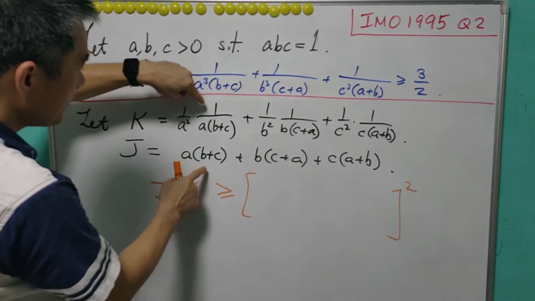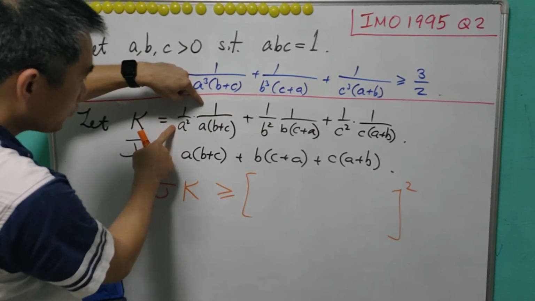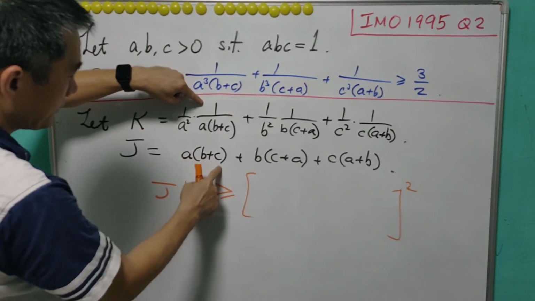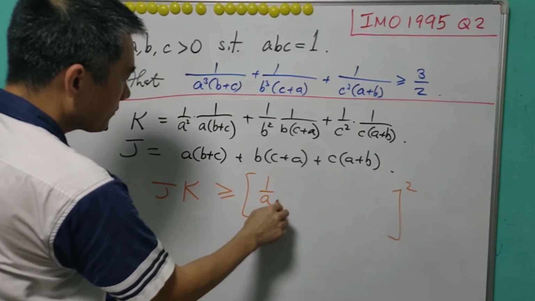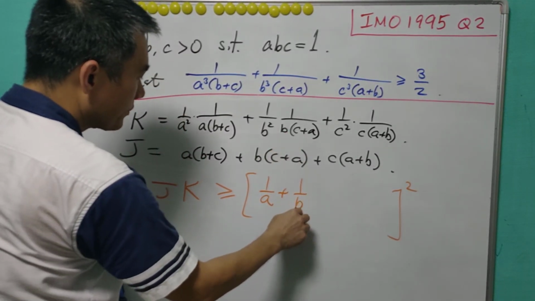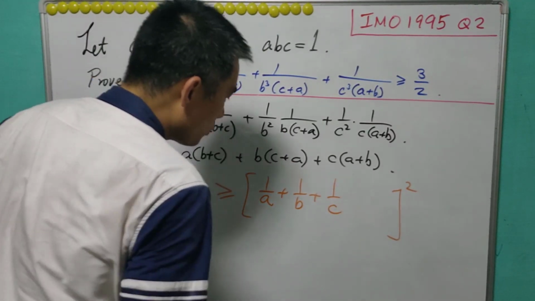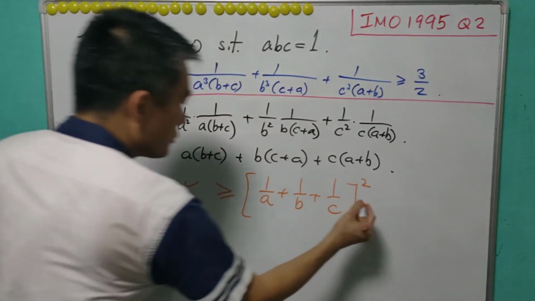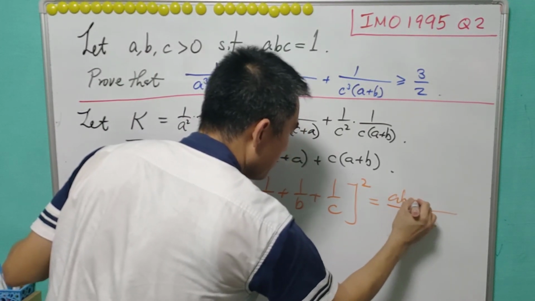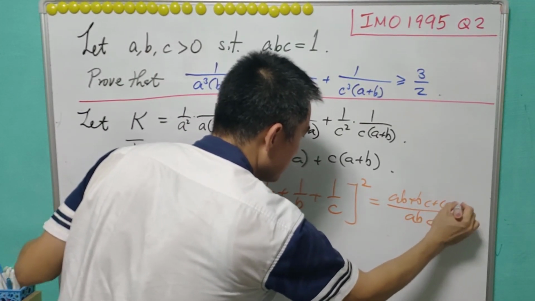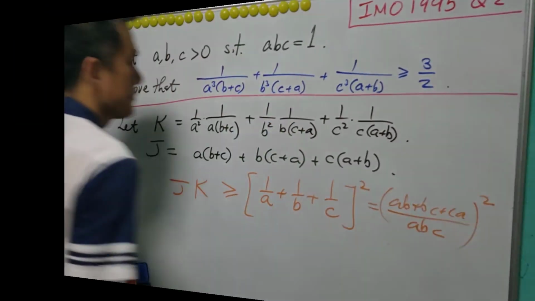The product of these two terms will be 1 over a squared after we cancel the a, b plus c, and we take the square root of it, that is just 1 over a. Likewise, this is 1 over b, and the next one is 1 over c. And this equals ab plus bc plus ca, all squared, over abc.